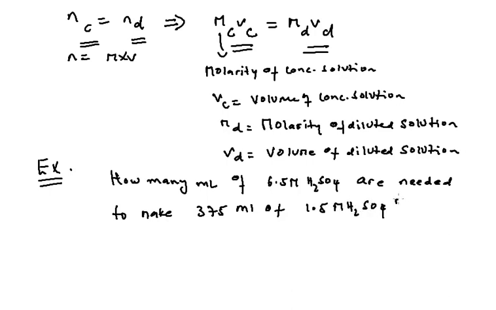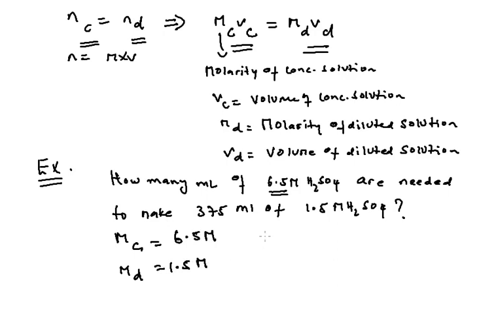Okay, now question mark. Whenever you see a problem like this, you can automatically visualize that this is a relationship with diluted versus concentrated solution. Now the question in this case is, what is our MC? What is our MD? Always the higher concentration is going to be our MC. So in this case, our MC, which is the concentrated solution, has 6.5 molarity. The diluted solution has 1.5 molarity.